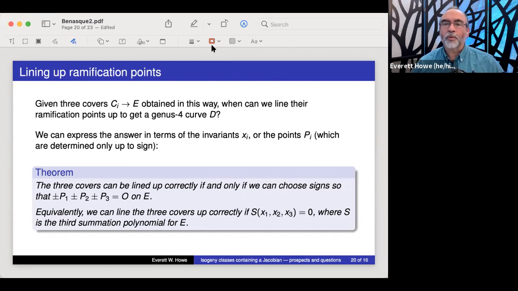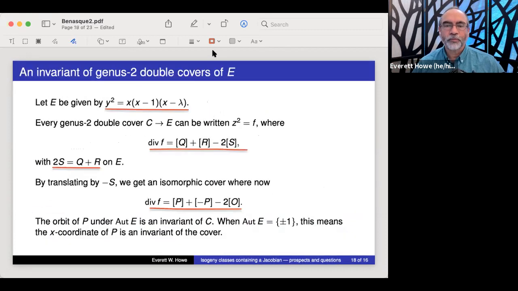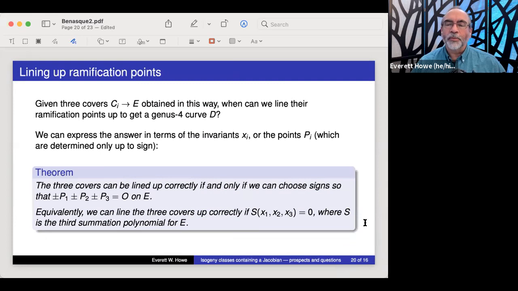Remember, the P_i were the points where your double cover of E was ramified, normalized so that the 2 ramification points were opposite of one another. The answer is that the 3 covers can be lined up correctly if and only if we can choose signs so that plus or minus P1, plus or minus P2, plus or minus P3 is 0 on E.